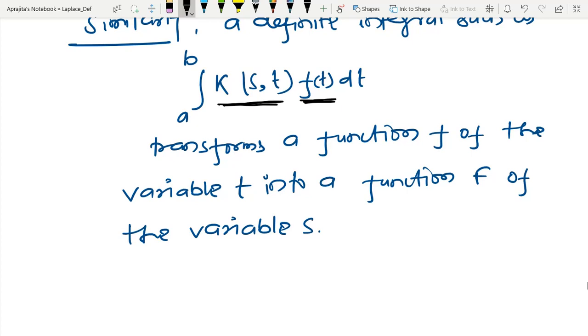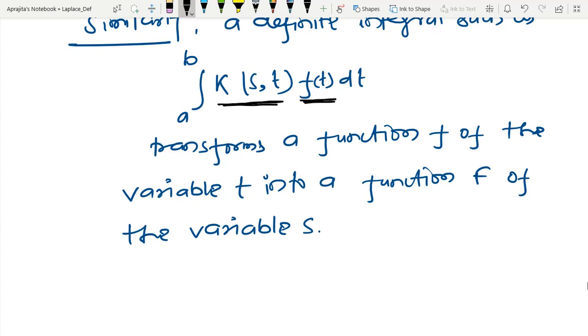So this transform, or this integral transform, because I am doing integration here, will transform f(t), a function, from the time domain to some other domain, called the s domain, and later I will interpret s as a frequency.